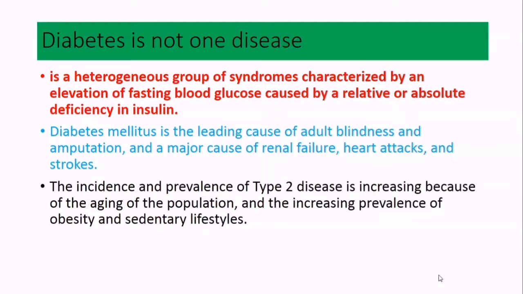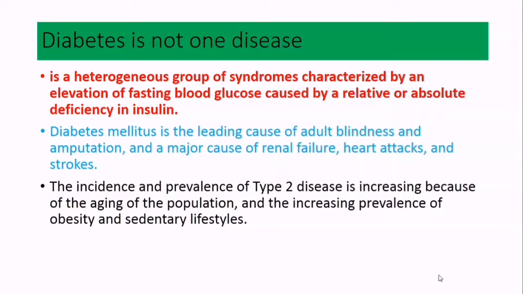It's a group of syndromes, and you should also focus on the terminology that it is either a relative or absolute deficiency of the insulin hormone. And what is the consequence of this? Automatically the blood glucose will be elevated all around the day and night.